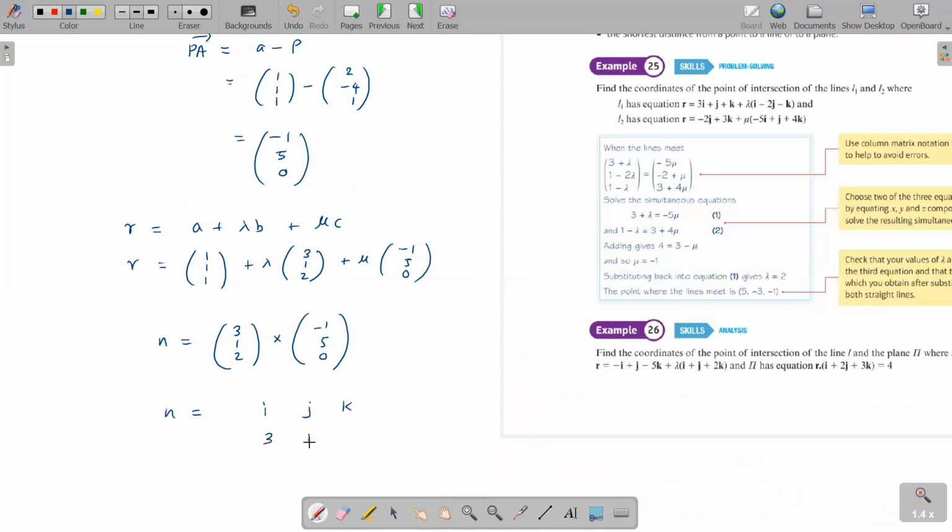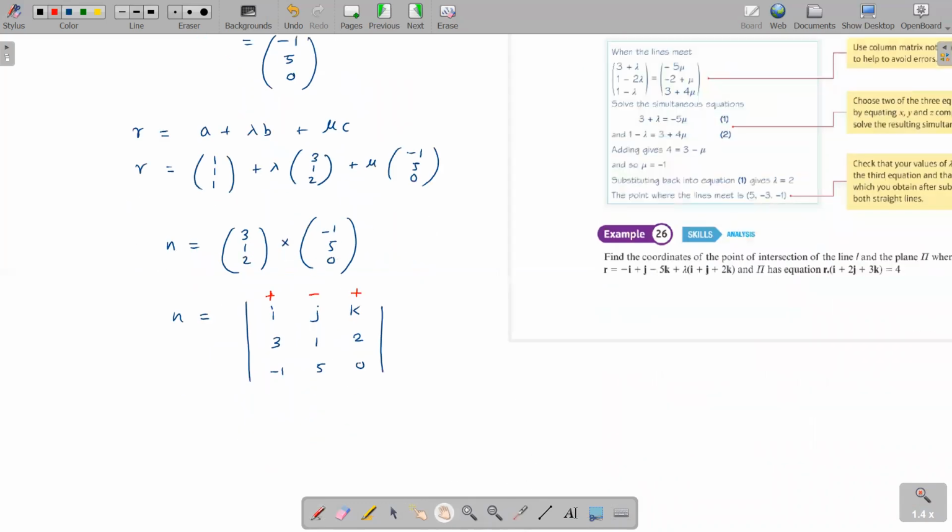So n equals the determinant with i, j, k, then 3, 1, 2, then minus 1, 5, 0. We use plus, minus, plus. We get n equals i times (1 times 0 is 0, minus 5 times 2 is 10), minus j times (removing the row and column, 3 times 0 is 0, minus minus 2), plus k times (3 times 5 is 15, minus 1 times 1 is minus 1).